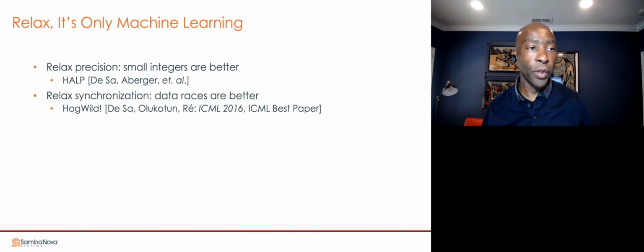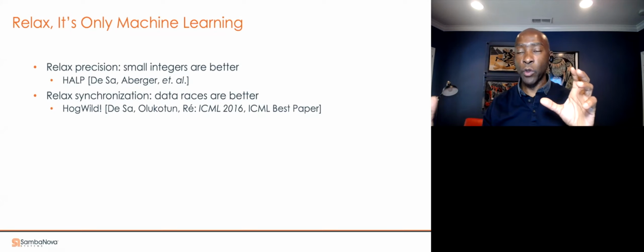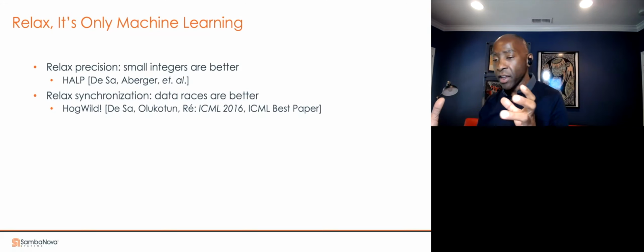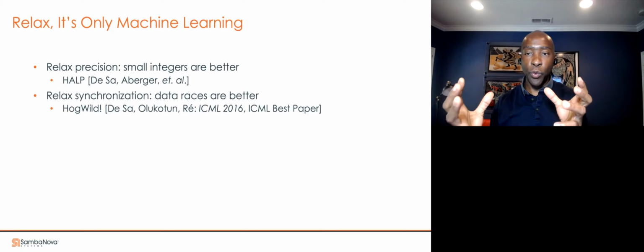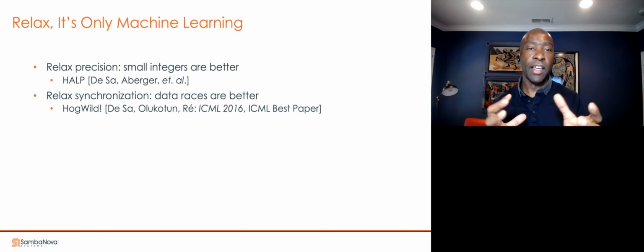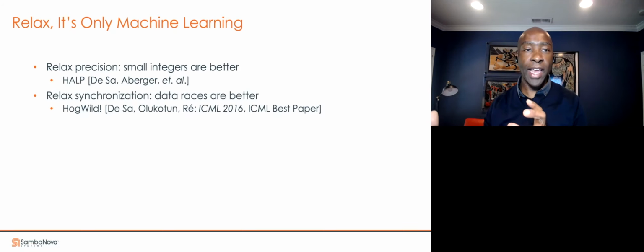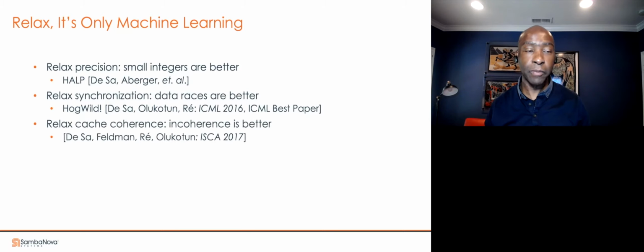His big innovation was this algorithm called Hogwild, which said if you were trying to do training using the stochastic gradient descent algorithm, you didn't need to synchronize in traditional ways; you could get rid of the synchronization and you would still have your algorithm converge roughly in the same time to the same answer.